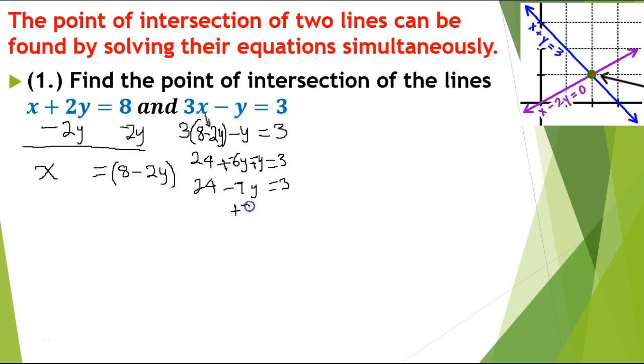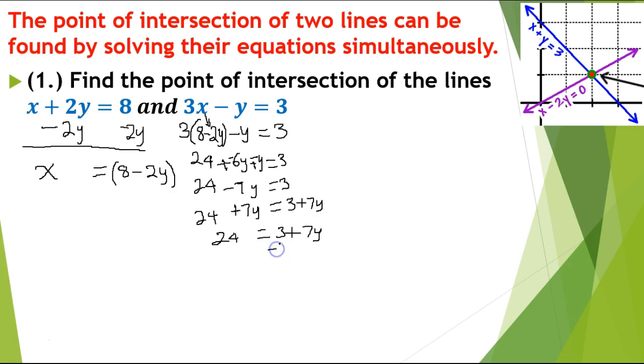That way we can make it positive, because we don't want y to be negative, although even if we have it, we can still undo it later. So we have 24 left on this side equal to 3 plus 7y.